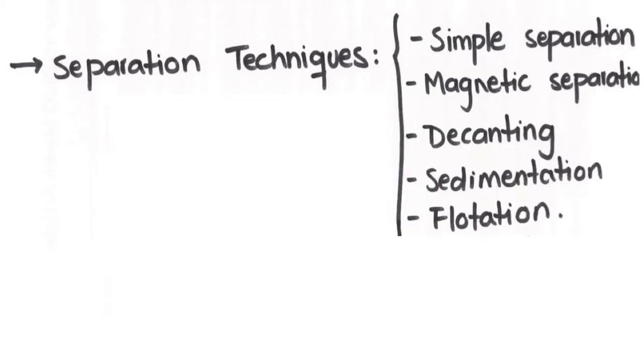So let's look at what separation techniques we're going to cover. There are a few that we're going to cover in this chapter. Other ones are going to be covered later on in other chapters and in another document, theory part 2, that you will be doing today in class. The ones that we are going to cover with this chapter are simple separation, magnetic separation, decanting, sedimentation, and flotation.